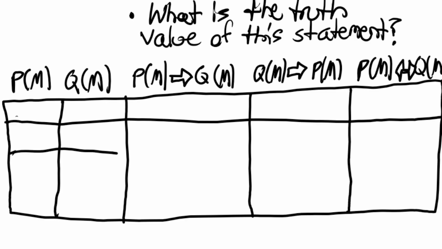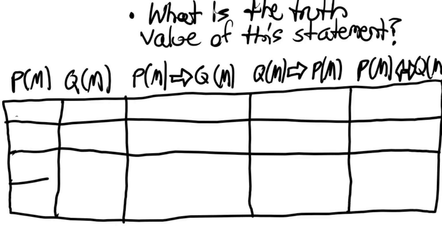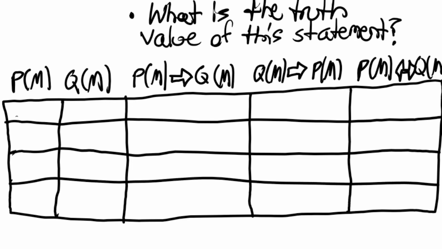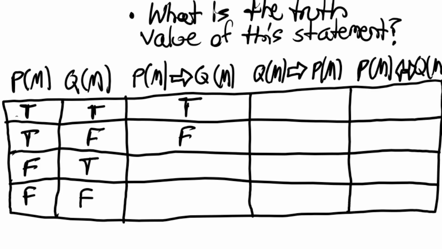Now, for this particular example, you may not have to do it, but I just want to give a little more in-depth explanation for how this is done, because you will see a little later on that understanding a statement, especially if it has multiple parts to it, and breaking it up is crucial if you're needing to determine the truth value of it and you're constructing a truth table.